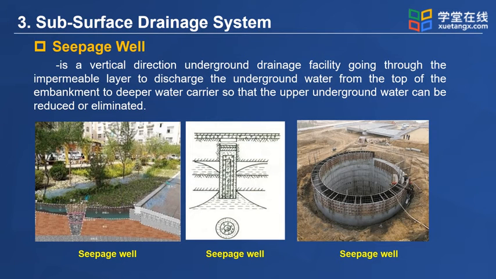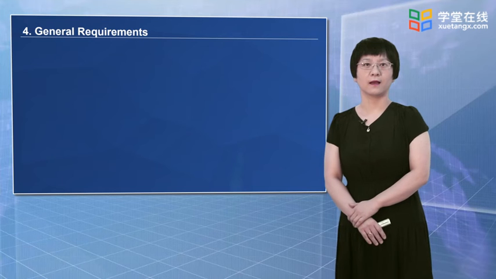The third is seepage well. A seepage well is a vertical underground drainage facility going through the impermeable layer to discharge the underground water from the top of the embankment to deeper water carrier, so that the upper underground water can be reduced.